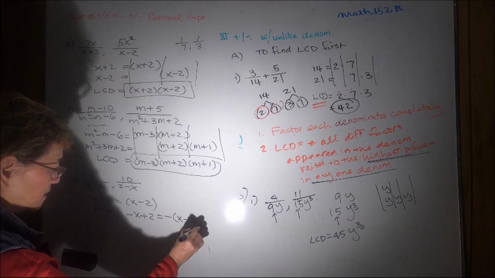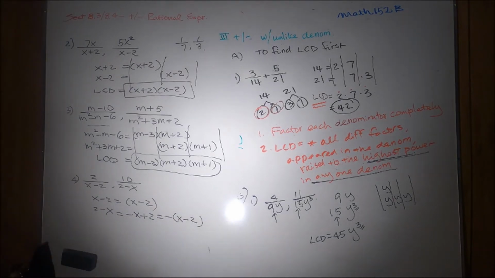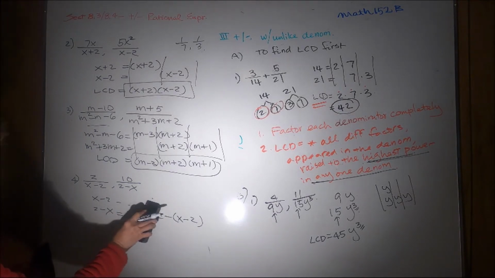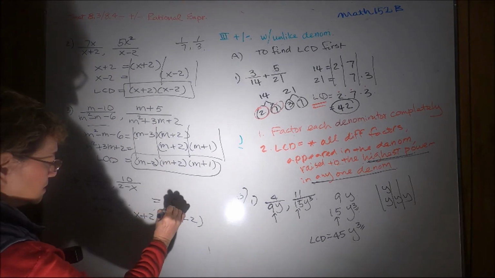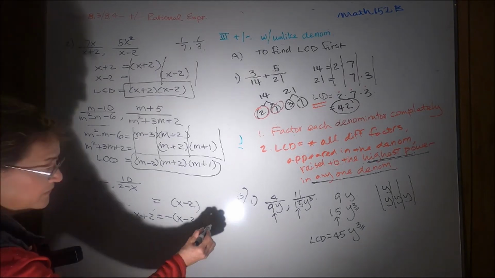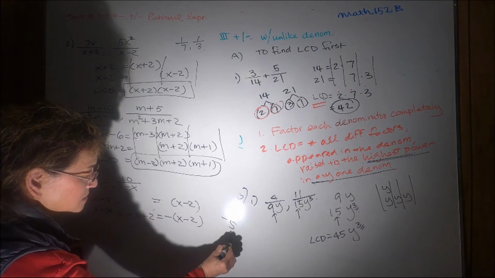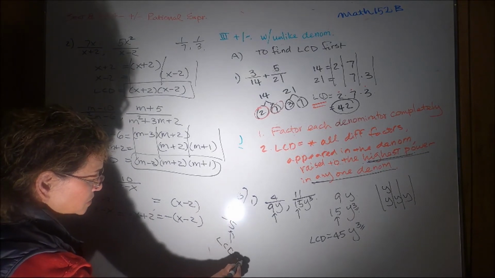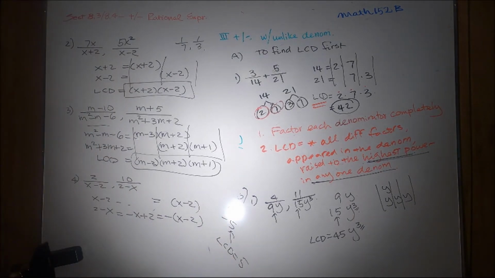It will become what? Next, negative x minus 2, right? So if we line them up, it will look like this, right? Are they the same? Yes. One is positive, one is negative. If I have 5 and -5, what's my LCD? We will just use 5. Usually we use a positive number for the LCD.